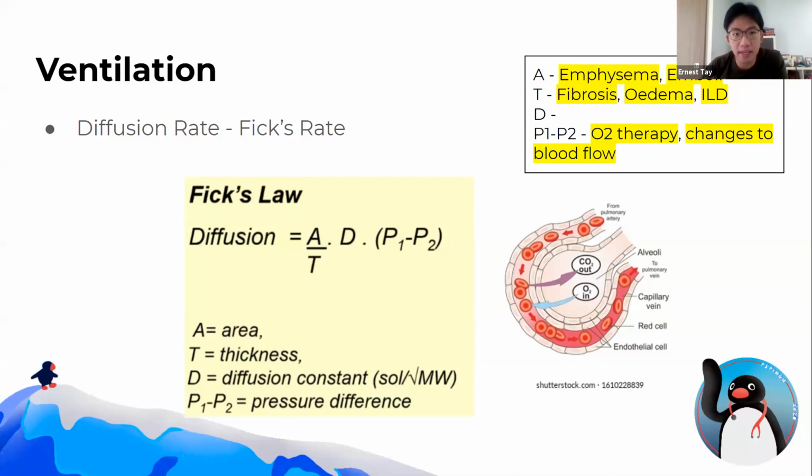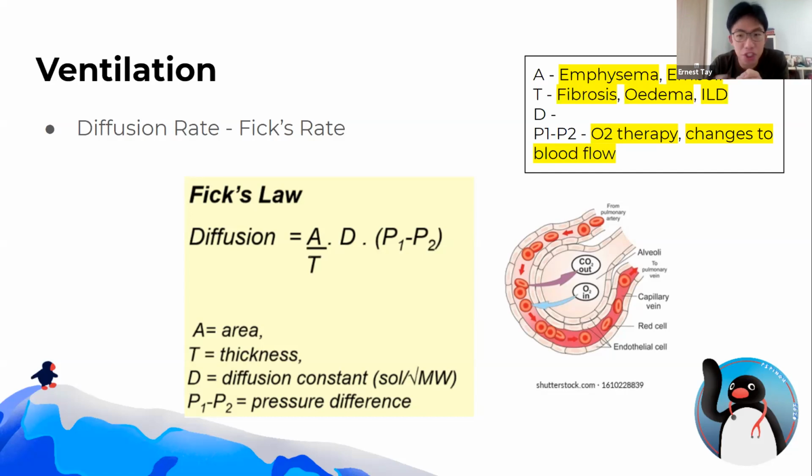For emboli, when there's an embolus, that certain part of the lung is not perfused by blood, and therefore you can consider it like a dead space. Because of that, you have a decreased total surface area for diffusion.